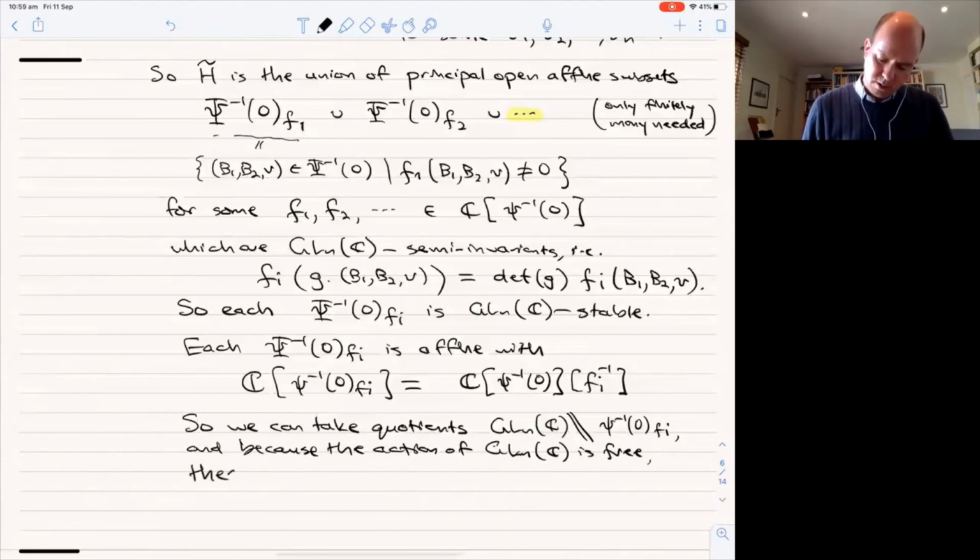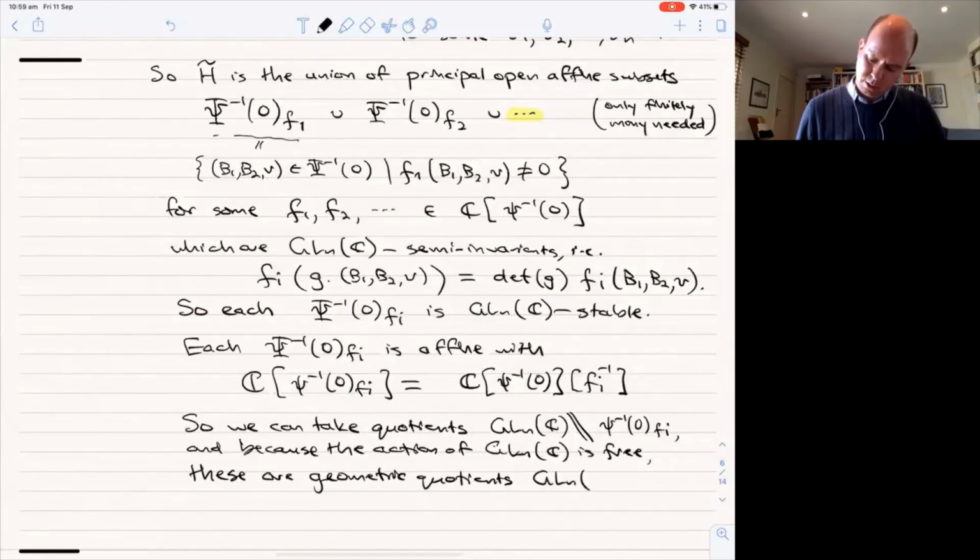These are now geometric quotients. So they get written with just a single quotient sign.